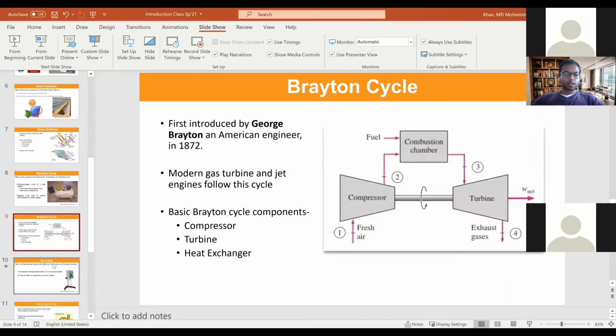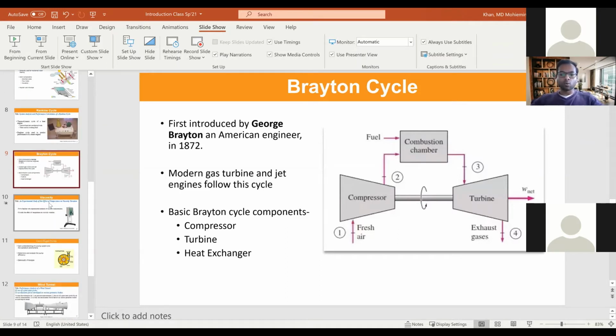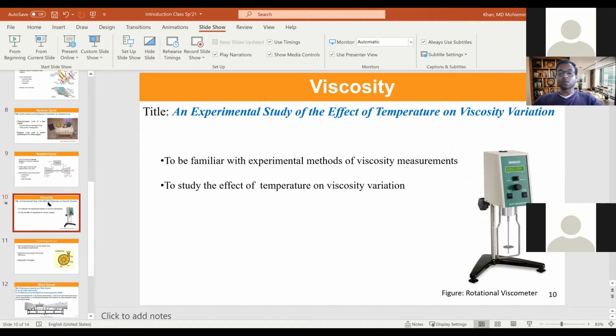So we studied the Rankine cycle, we studied the Brayton cycle. After that, we will move on to the viscosity experiment, where we will study the viscosity of different oils, different liquids. We're going to use a rotational viscometer.